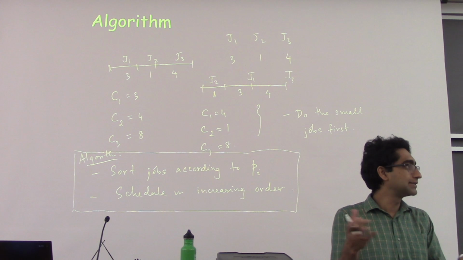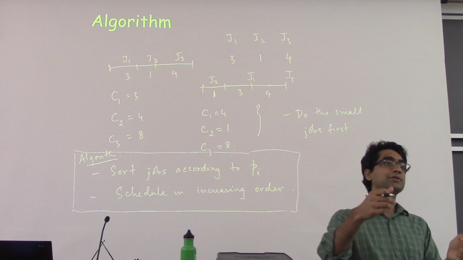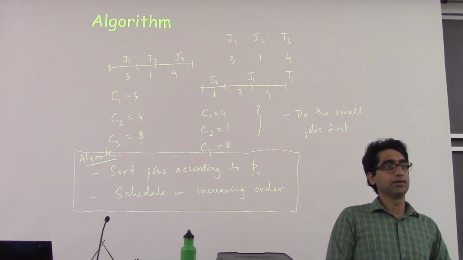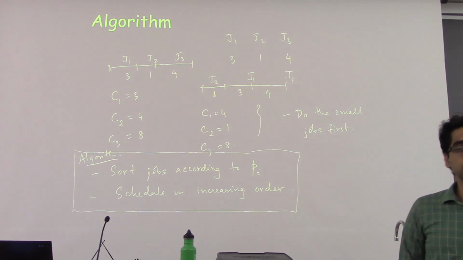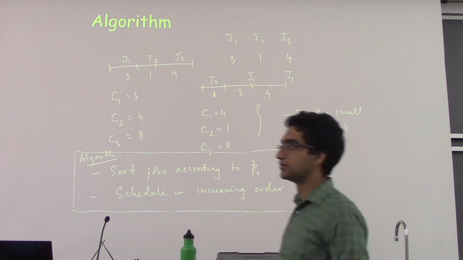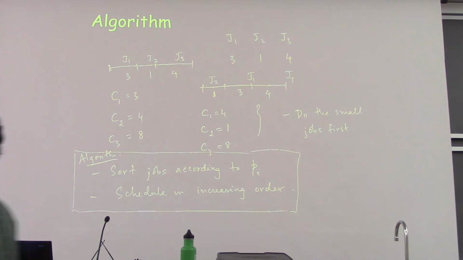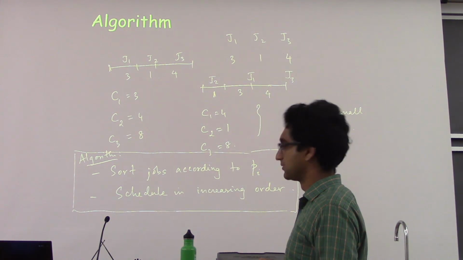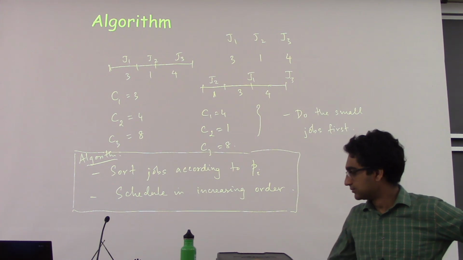So that's why it's greedy. You're always doing the easiest job you can. So the goal is to finish as many jobs as possible in the least possible time. Yeah, that's the goal.